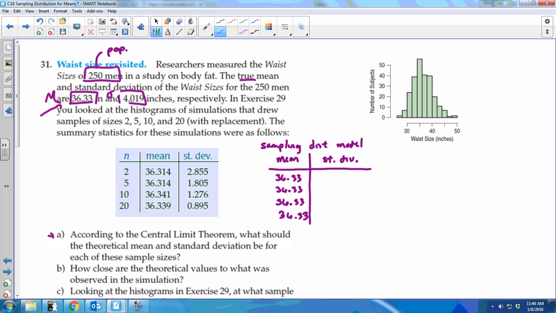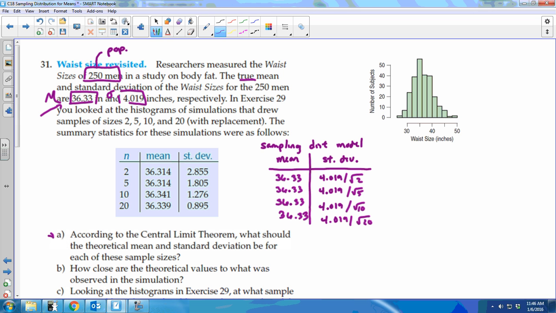If we wanted to find the standard deviation for our model, then we would take the standard deviation of the population and divide by the square root of the sample size. That's what our models would be based on, right? Our mean that was given to us and the standard deviation based on that formula.